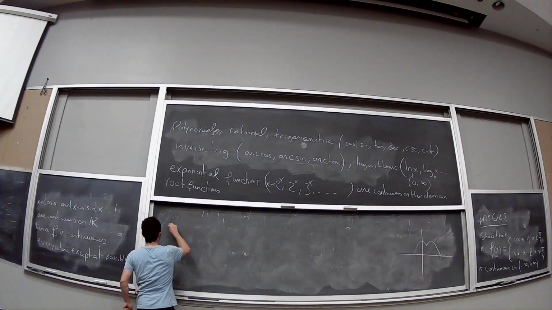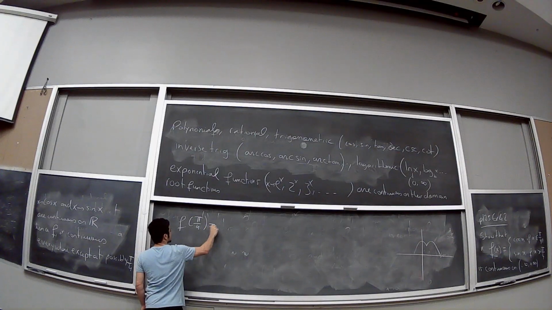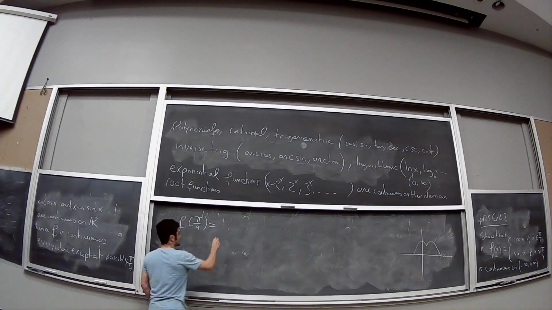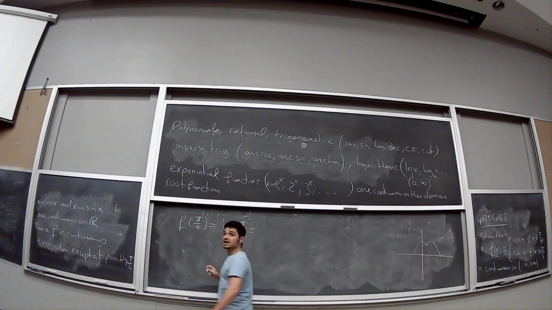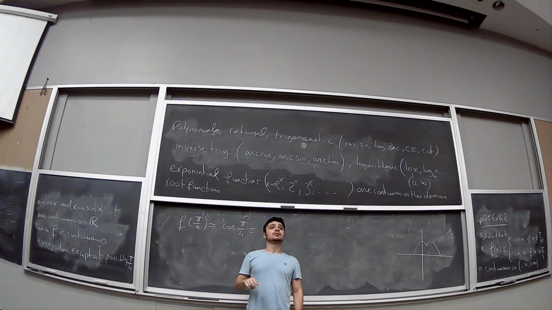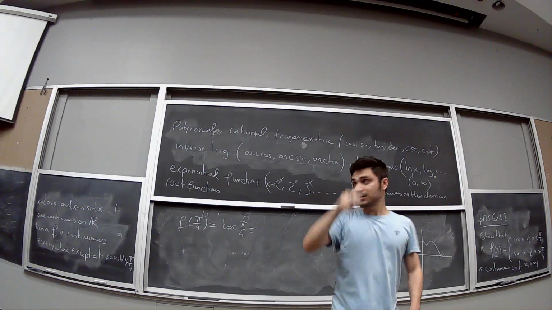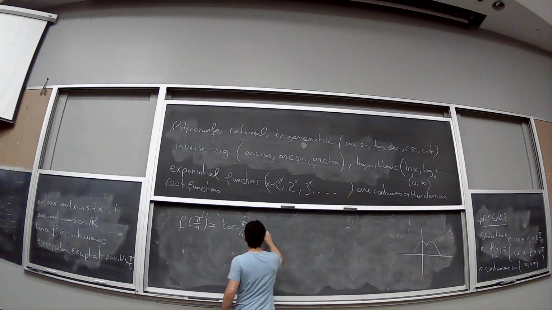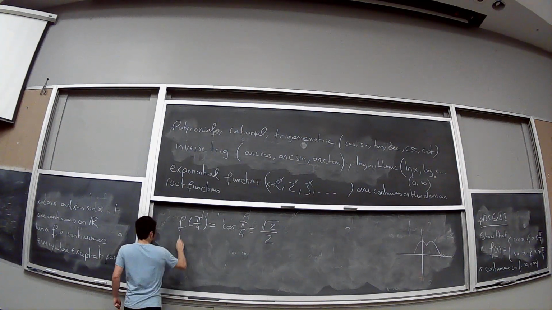What is f of 5/4? Everybody, f of 5/4, what is that? Cosine 5/4. What is cosine 5/4? Who can help me? Okay, one by one. Radical 2/2, thank you.